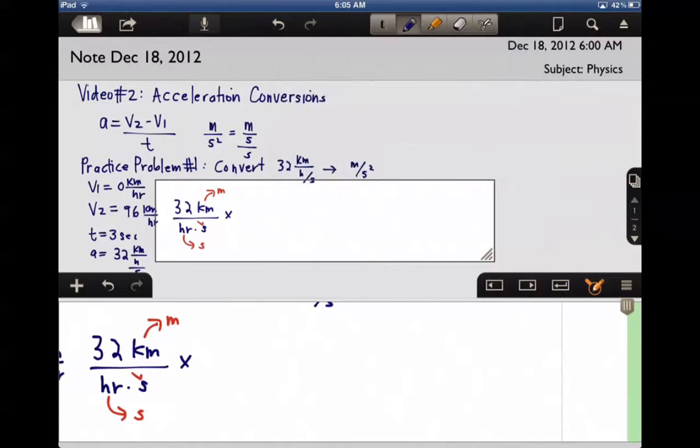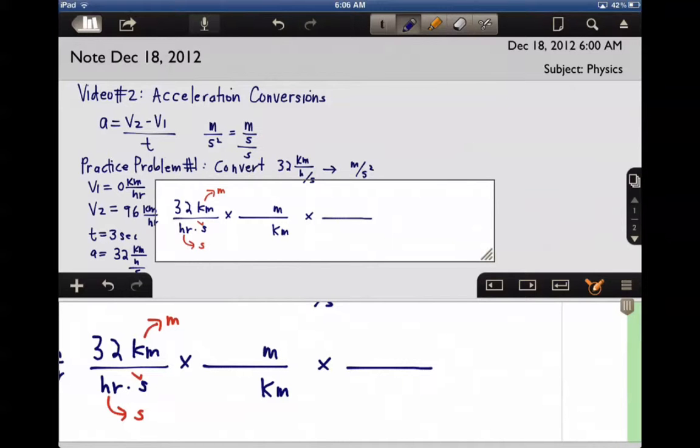So I have two conversions to do here. So I'm going to need two conversion factors. Let's deal with kilometers first. Kilometers is in the numerator, so if I want to get rid of it, I need to put it on the other side in the denominator. And I want to go to meters, so that will be up in the numerator.